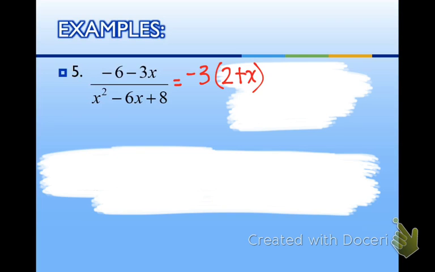In the denominator, remember these ones factor into 2 sets of parentheses. Good. X minus 4, x minus 2. If you need to, remember last week we talked about how some of you might have learned in Algebra 1 to use this x method, where we have to multiply to an 8 and add up to a -6.